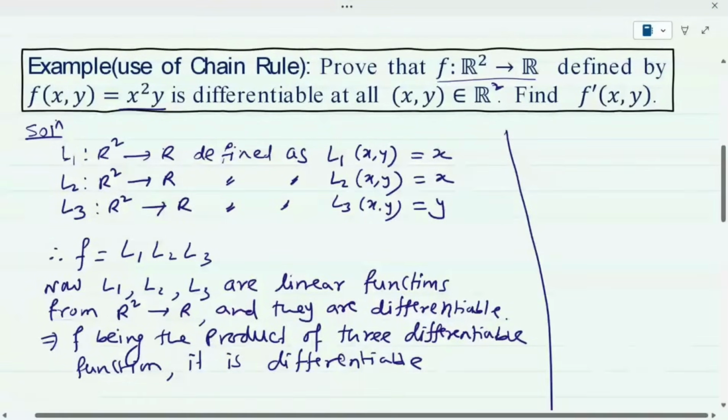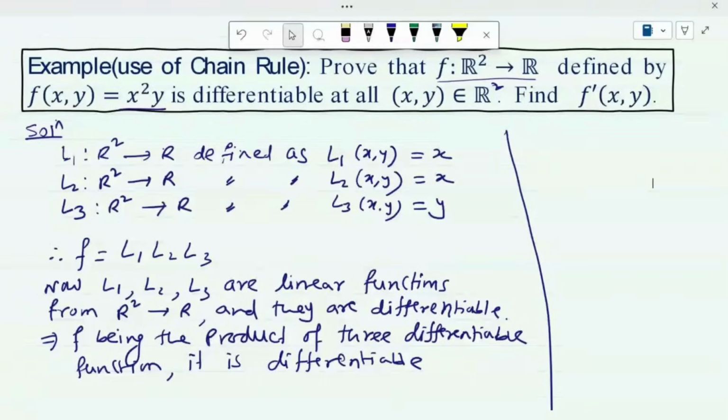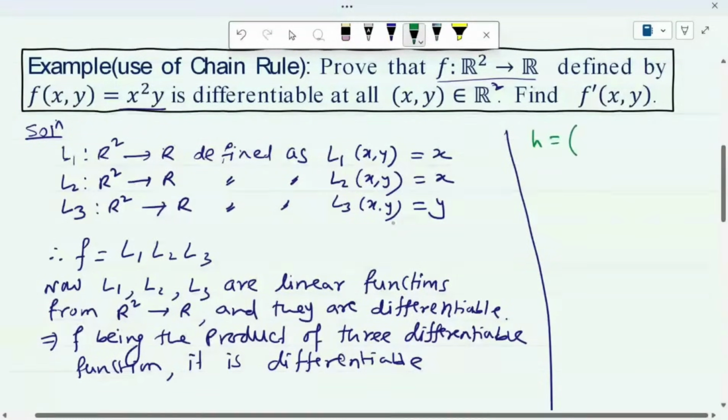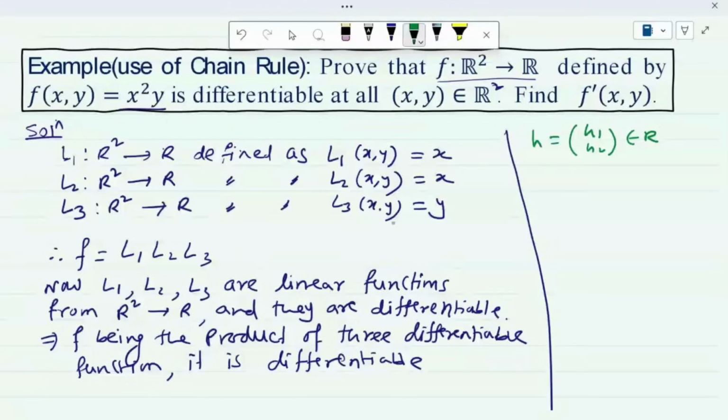Now, what will be the differentiation of these three functions? For that, let h = (h1, h2) belongs to R2.